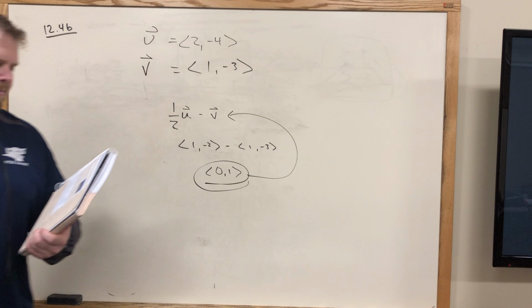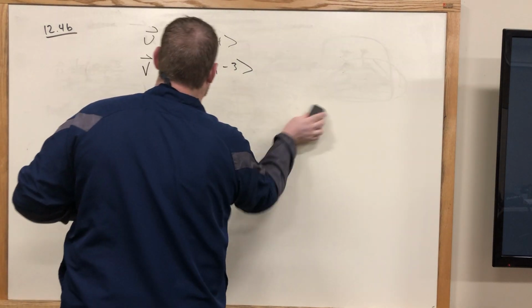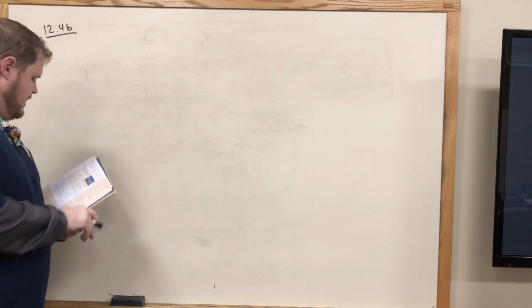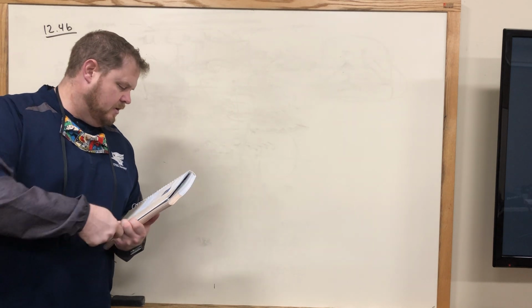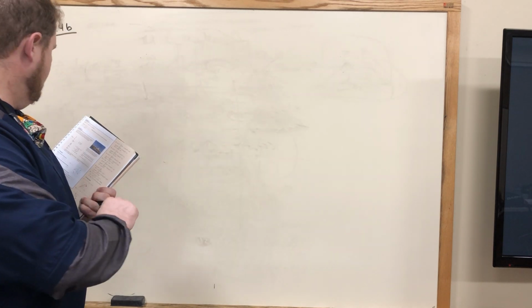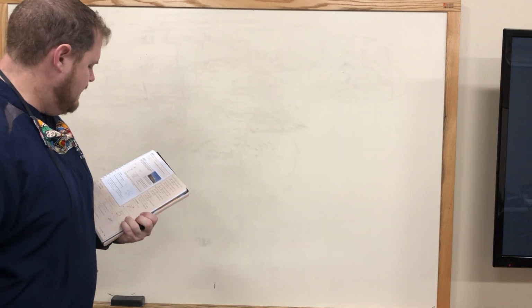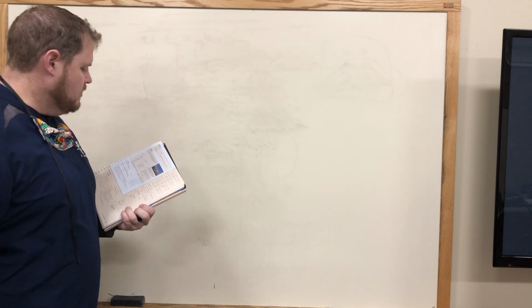So let's do another example problem and then you can get working on the homework. The example is this. A small seaplane flies at an airspeed of 230 miles per hour with a heading of due north. If a steady wind is blowing from the west at 45 miles an hour, determine the resultant speed and the direction of the plane.